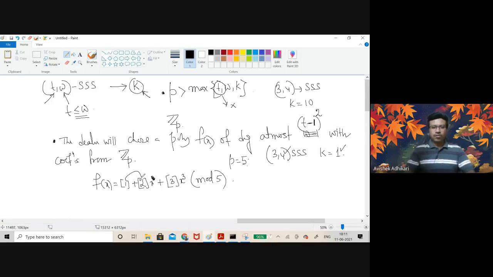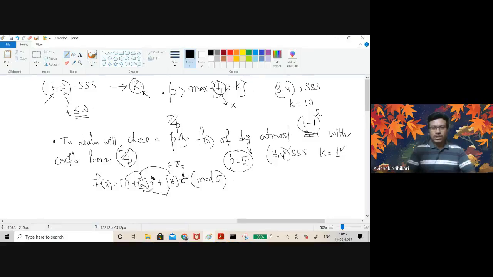All the coefficients are coming from Z5. So this is a polynomial of degree at most 2, T minus 1, where T was my 3.